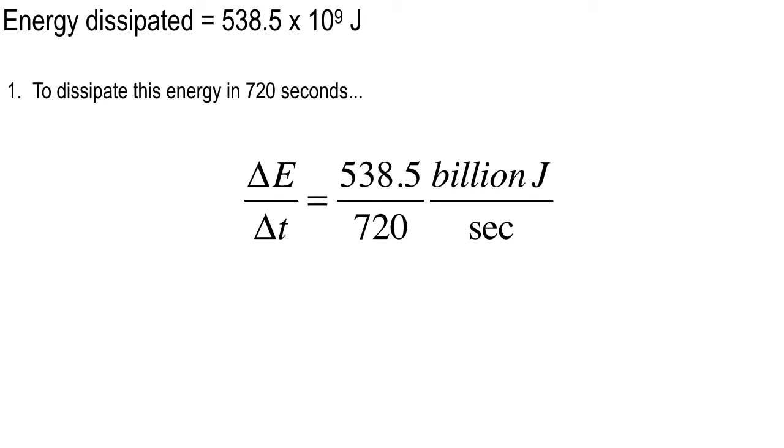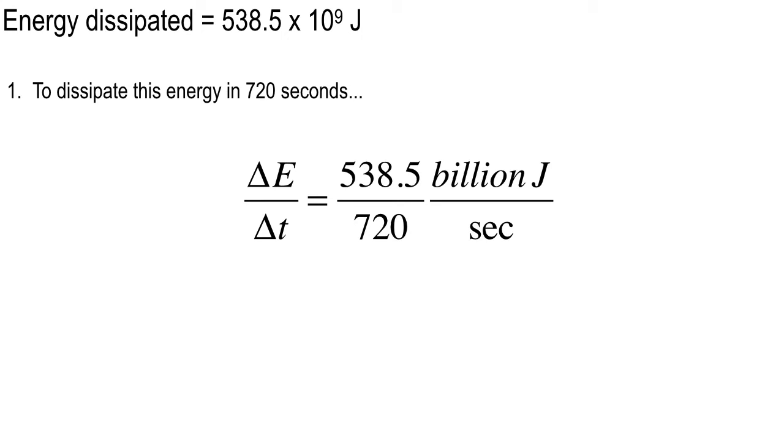All right, so here's my dissipation rate. The change in the total energy divided by the elapsed time. So 720 seconds in the denominator and then 538.5 in the numerator. So that's the amount that we dissipate into the atmosphere, basically through heat.